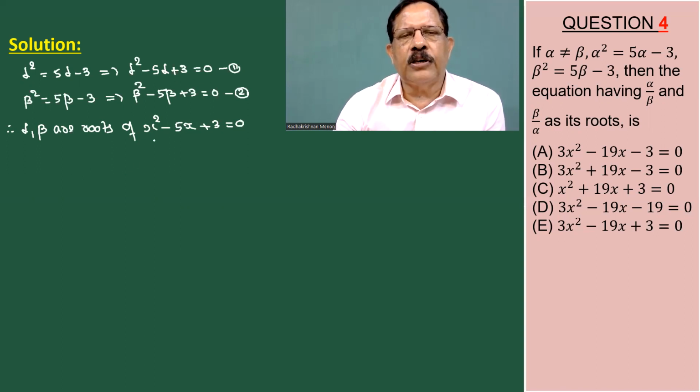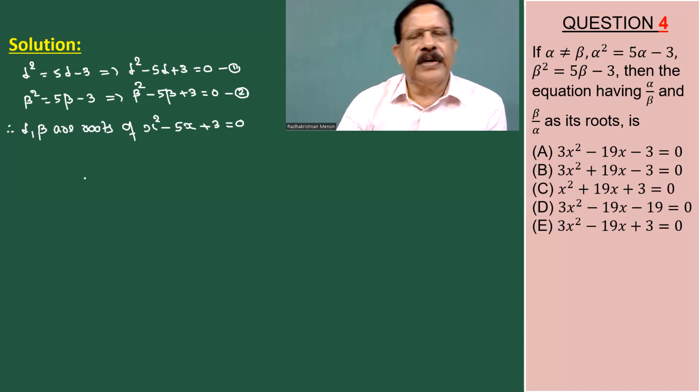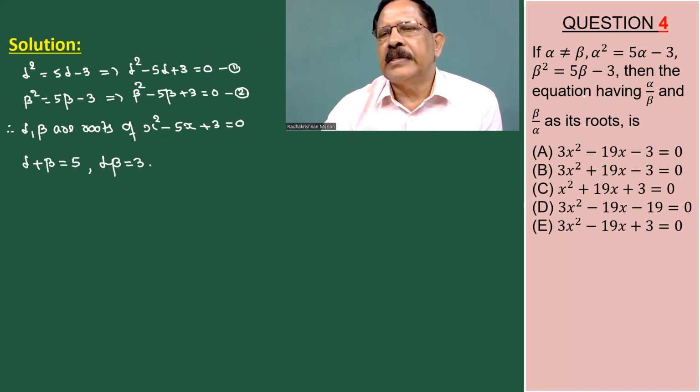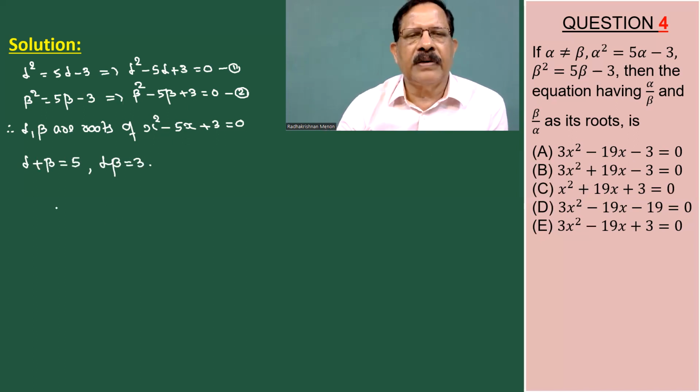When you put x is equal to beta, by equation 2, it is being satisfied. Now, we know that sum of roots alpha plus beta is equal to 5, alpha into beta equal to 3. You have to find out the quadratic equation whose roots are alpha by beta and beta by alpha.